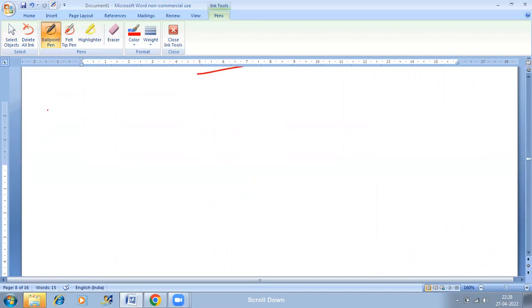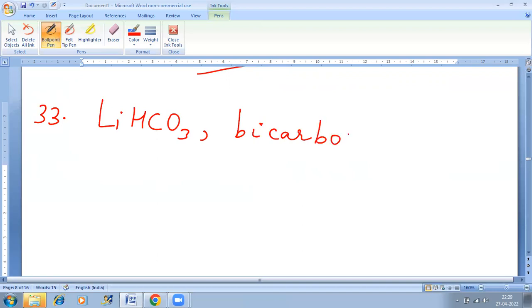Question number 33. How many of these exist only in the solution state? Now remember that LiHCO3 and the bicarbonates of alkaline earth metals do not exist in solid state.